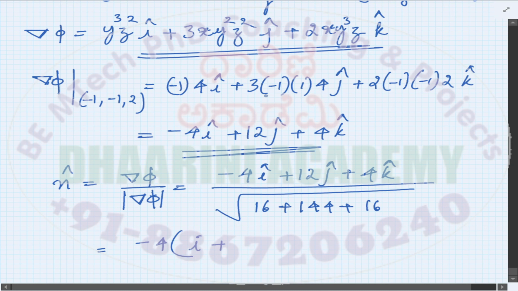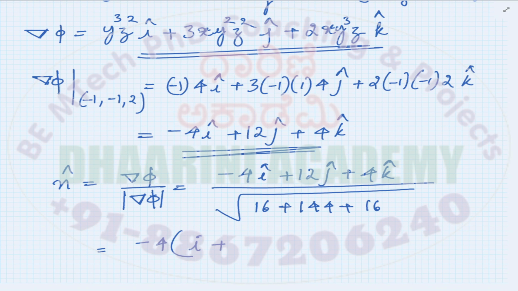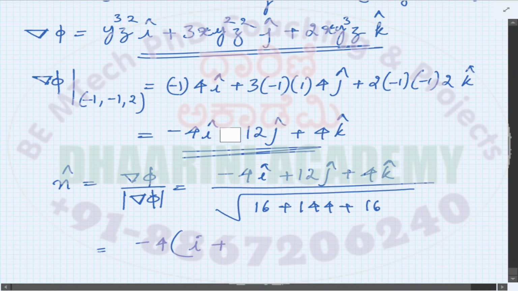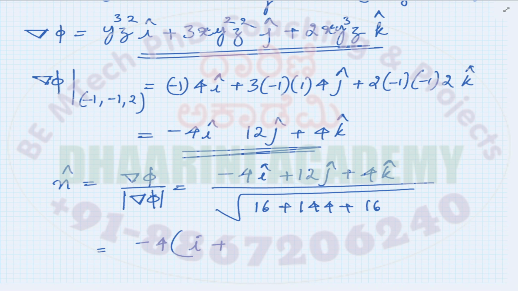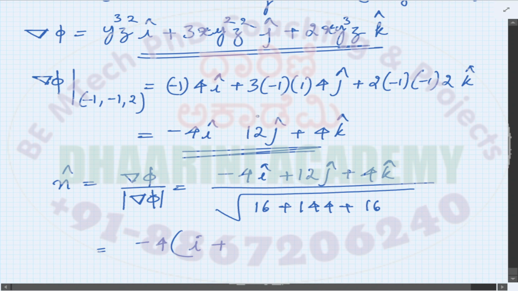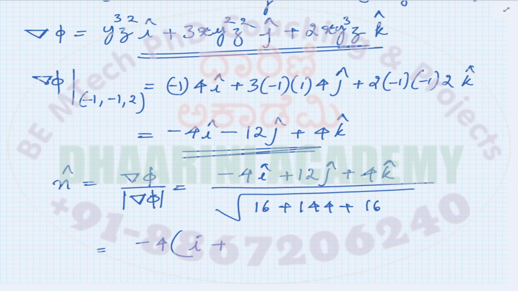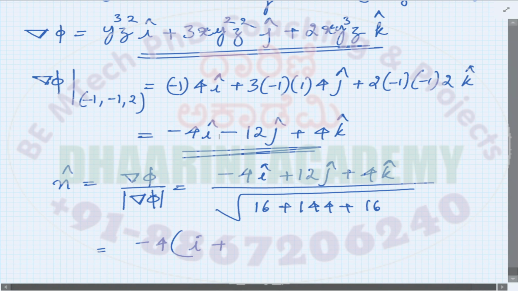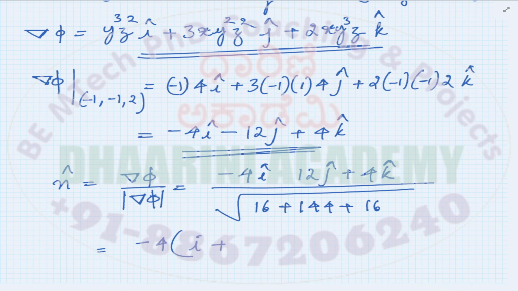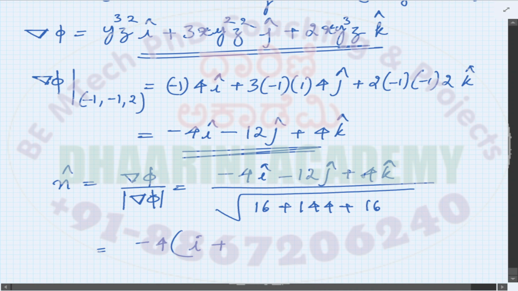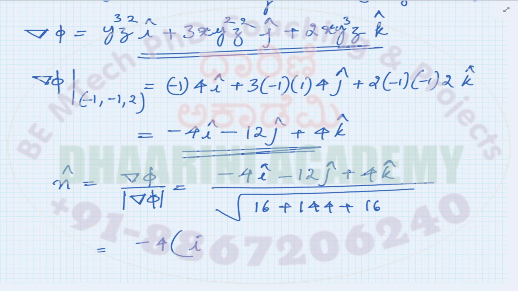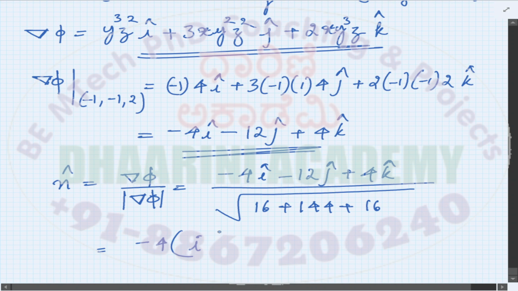Let me just verify. Sorry, I made a mistake here. See, this is not positive, this is negative. Just make a correction if you have noted it wrong. So this is minus. Okay, so now when minus 4 goes out, so I am expecting this also to be minus. Okay, minus has gone out, so what remains is a plus.